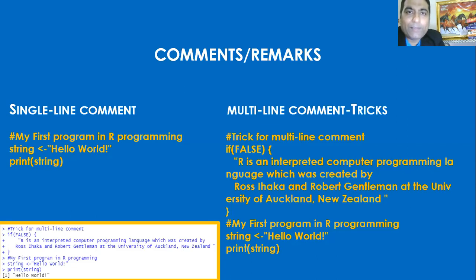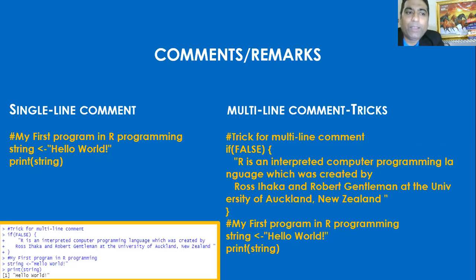So if the comments or remark is of single line, then just you can put the hash like this. Actually, I have used here, see, my first program in R programming. So this, and the second statement is string hello world, and the third statement is print string.